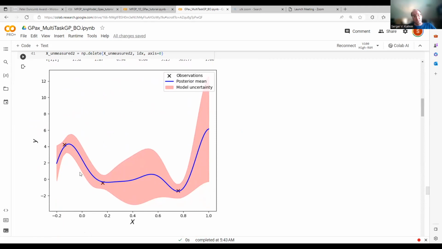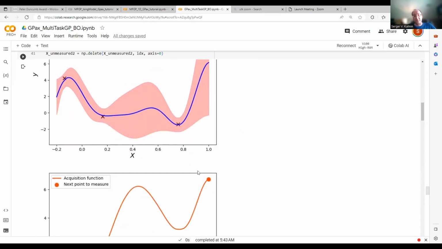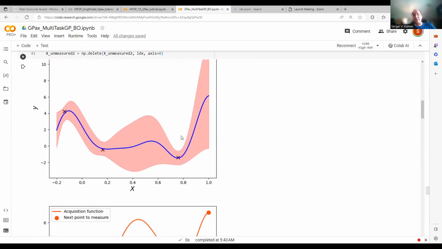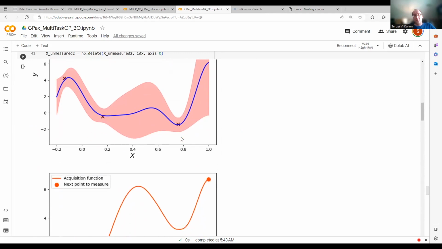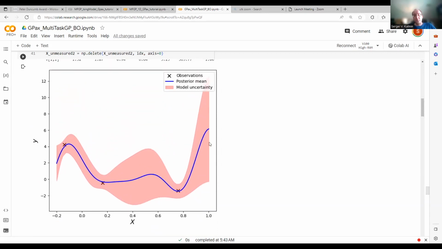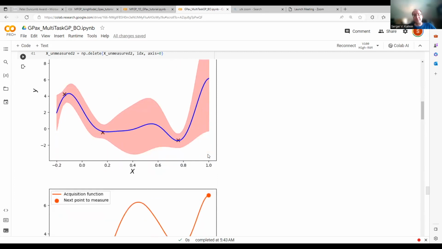So again, look, we just have three measurements, but we already discovered the general neighborhood where the minimum is. After that, the algorithm will not necessarily try to do the greedy optimization. So we still run the Bayesian optimization, and therefore we dedicate part of our experimental budget in order to explore the places with a large uncertainty.